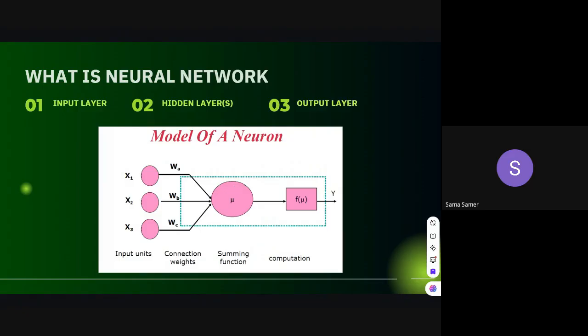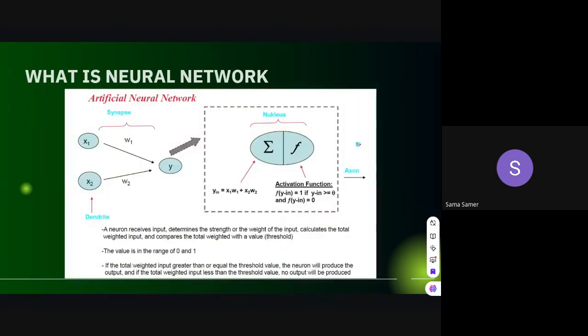Summing the function and uses an activation function, and we will be talking about this. Then we do our computation and so on till we have our output. So the basic units for a neural network are an input layer, a hidden layer, and an output layer.